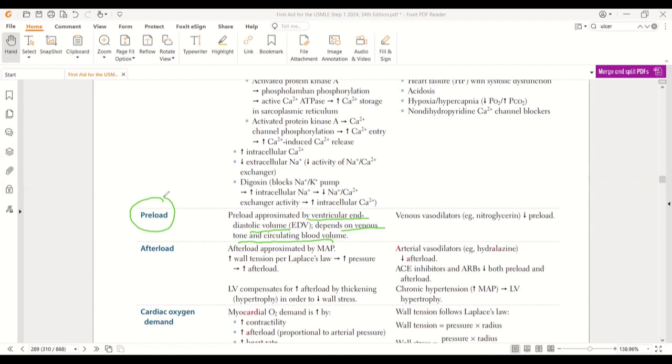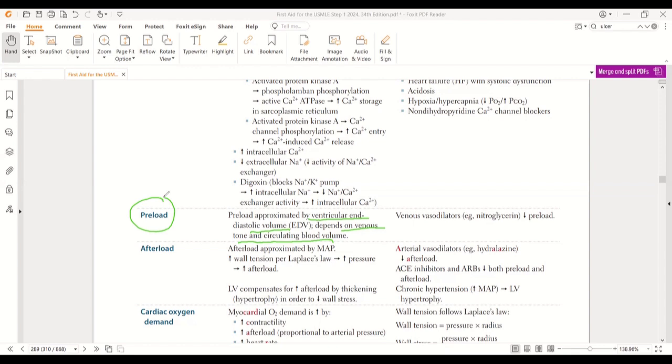Try to remember which receptor is present where, like the M2 receptor, and the alpha 1 receptor present on the veins. Veins are also called storage vessels. They have high capacitance. So sympathetic activation leads to increased preload.